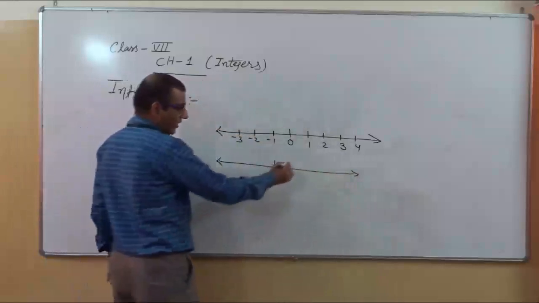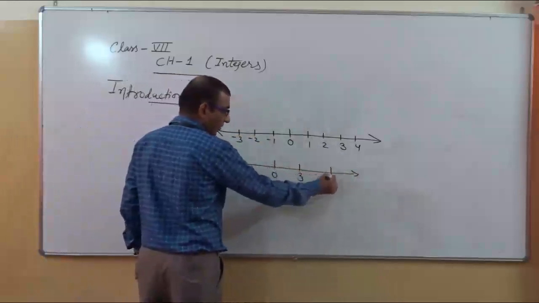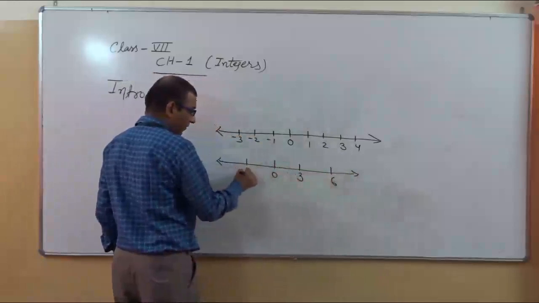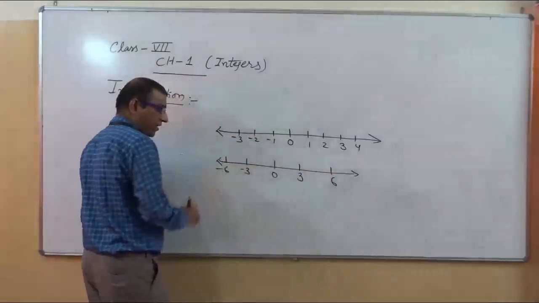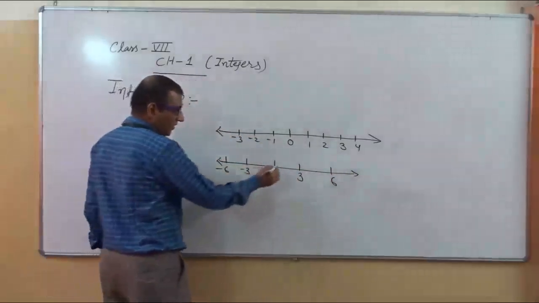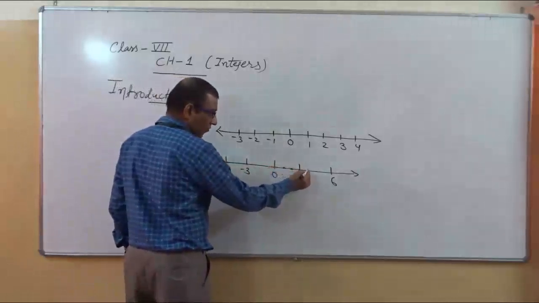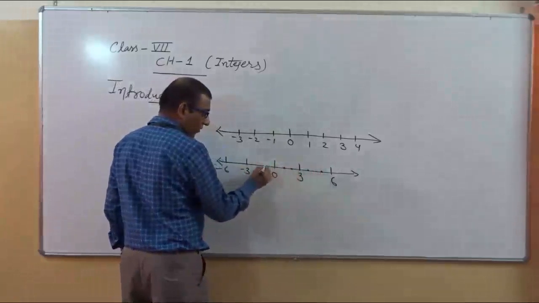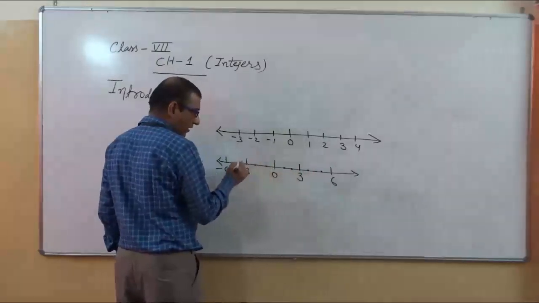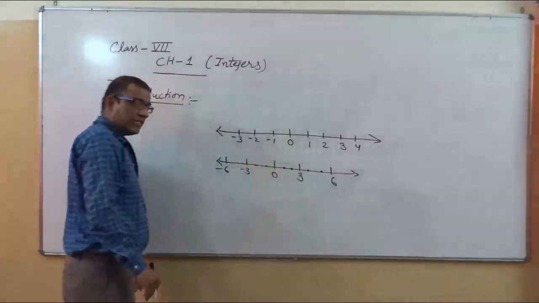If I am writing here 3, 6, and here I am writing -3 and -6, and if I am putting here 1 or 2 dots, and here also the same procedure, then what is the value of these dots?